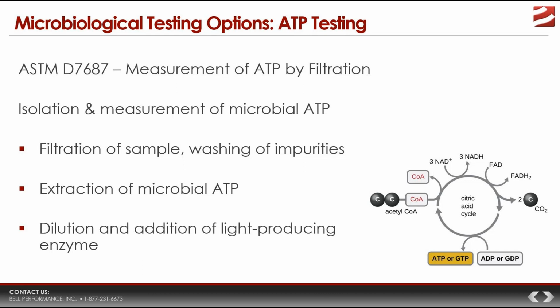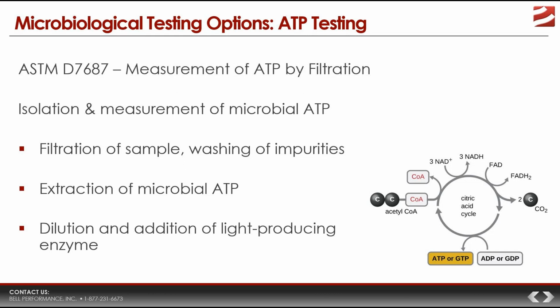It's also filtered out a bunch of other stuff that aren't microbes. So what are you going to do about it? Well, you have to wash the rest of that stuff out. So you take a special solvent, you put it in there, you push that through. That actually washes out all of the organic, non-microbial stuff. And so now you just have microbes in that filter. You then use a couple other solvents to actually extract the ATP.